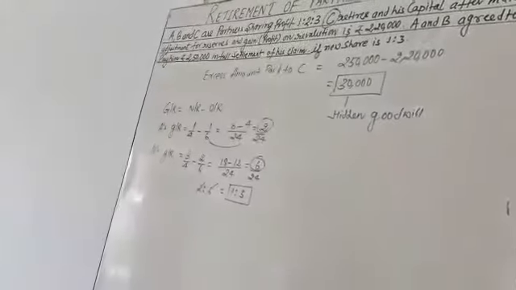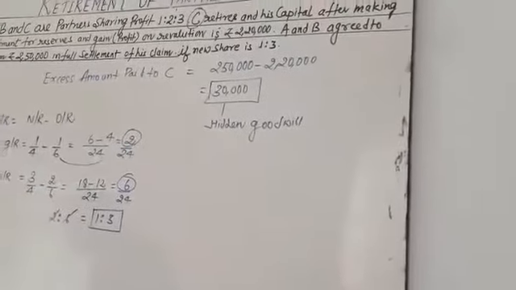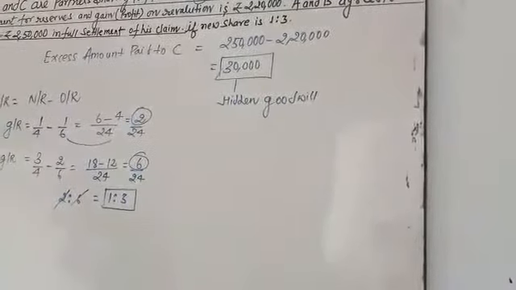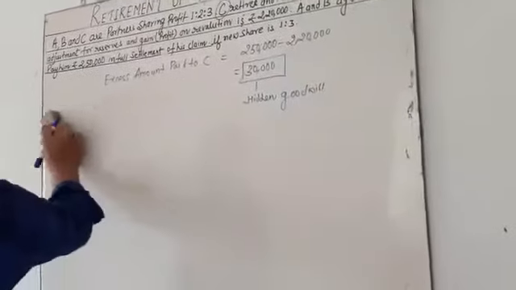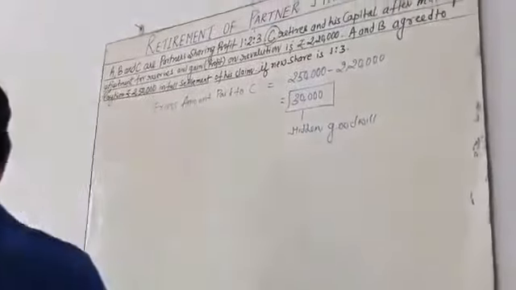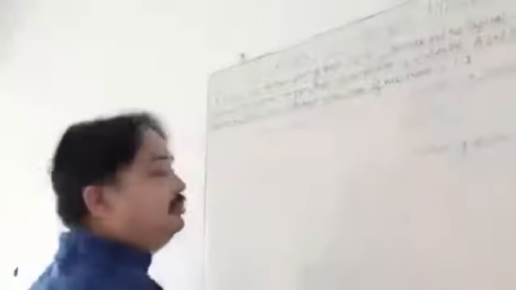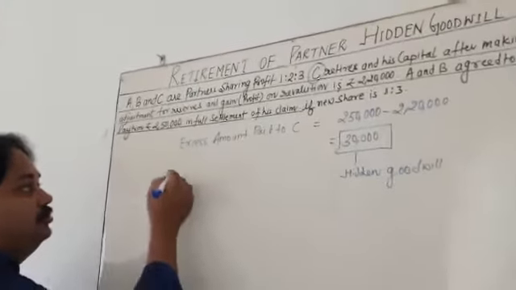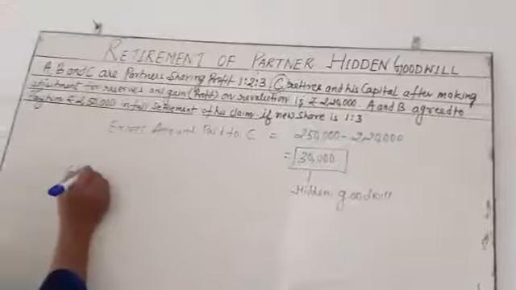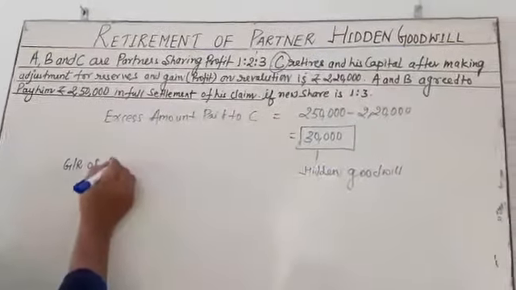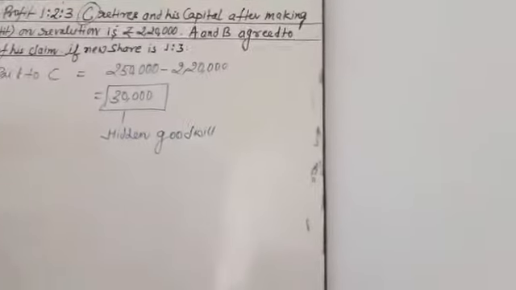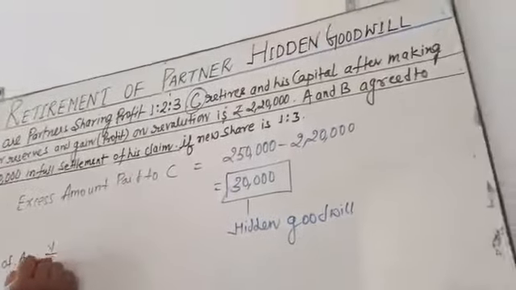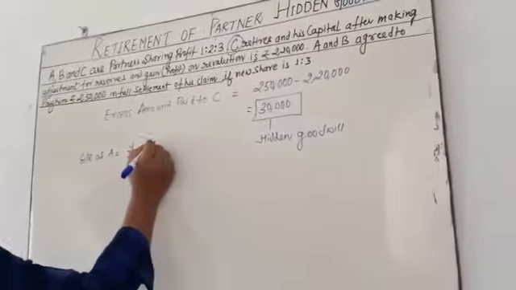You observe how to calculate the gaining ratio. The gaining ratio of A is equal to new ratio minus old ratio: 1/4 minus 1/6.